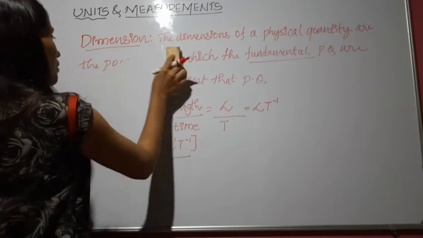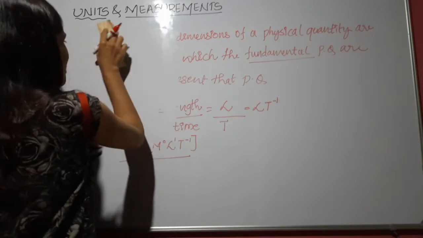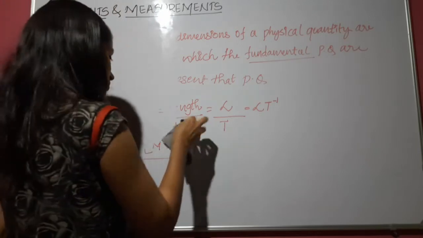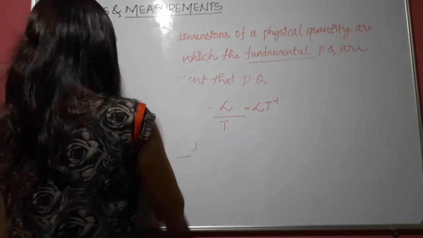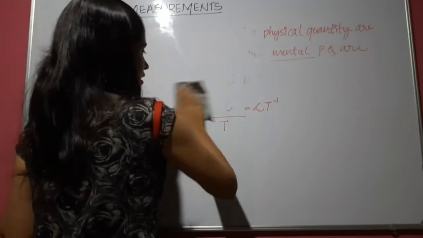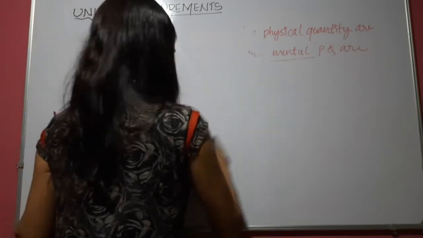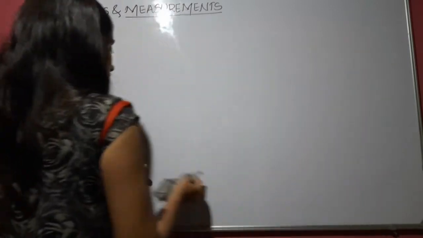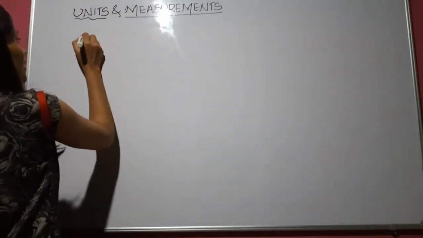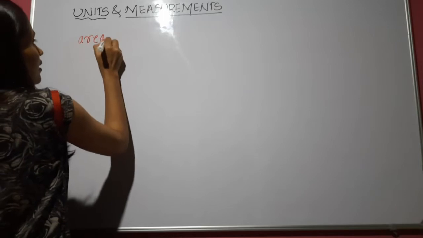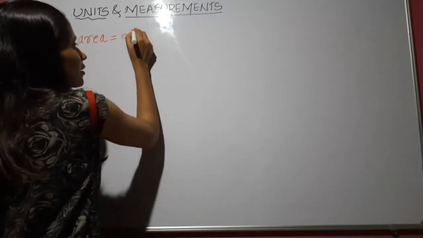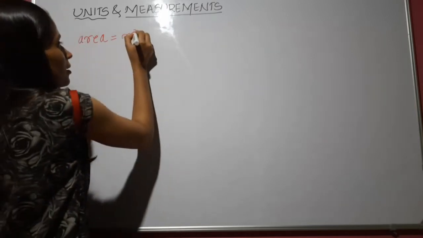We will see the dimensions of some other physical quantities. Velocity is L T power minus 1. Next, the basic physical quantities. Area is length into length, so its SI unit is meter square.